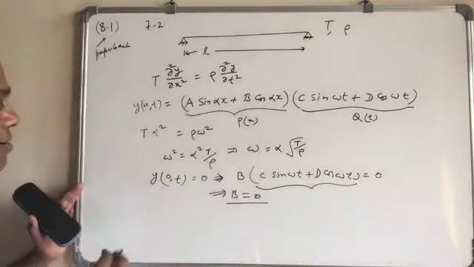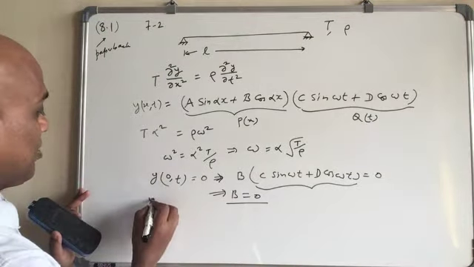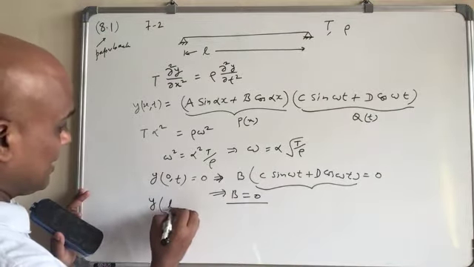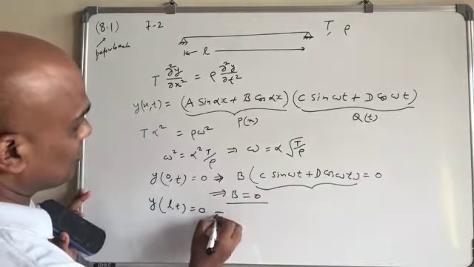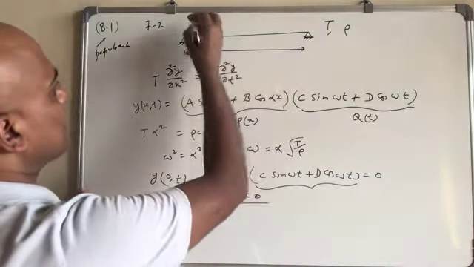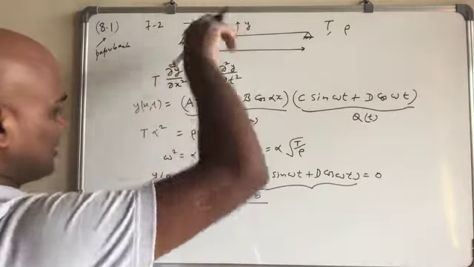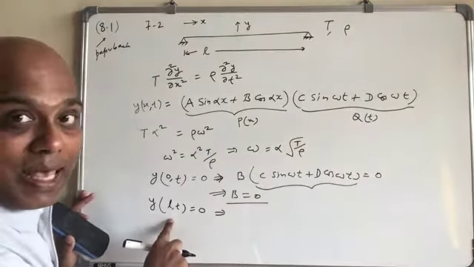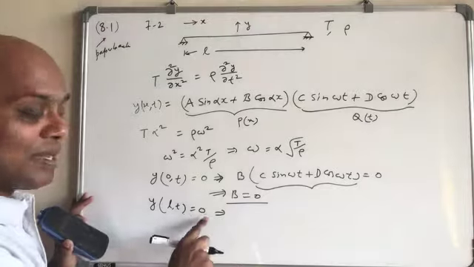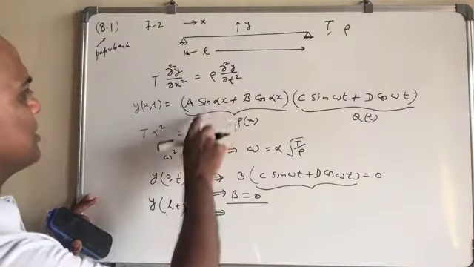Now the second thing is y(L,t) is also equal to 0, because at x equal to L, x is going like this, and y is the upward displacement. So you put the value in.